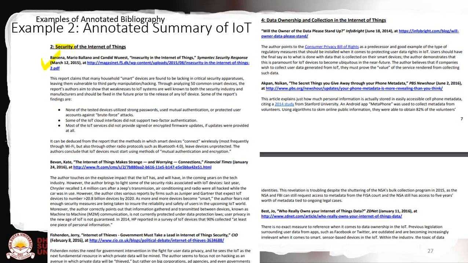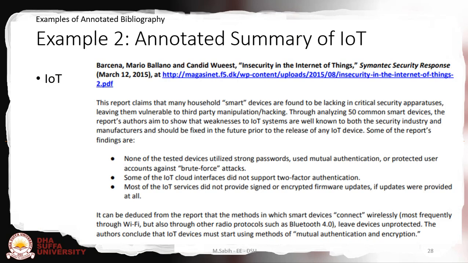This is one source, and then there is a complete summary of that one. Then there comes the second source citation, and then the summary of that one. Here for the data ownership, there is one source, its summary, another source, and then its summary, and so on. So this is how annotated summaries are prepared. And this summary can be descriptive or descriptive plus evaluative.